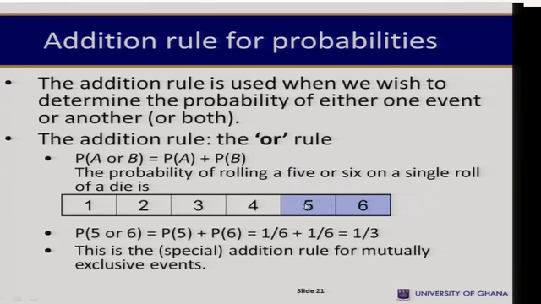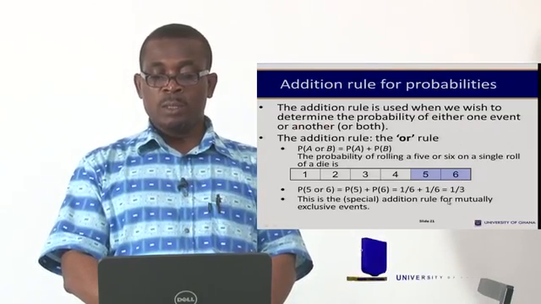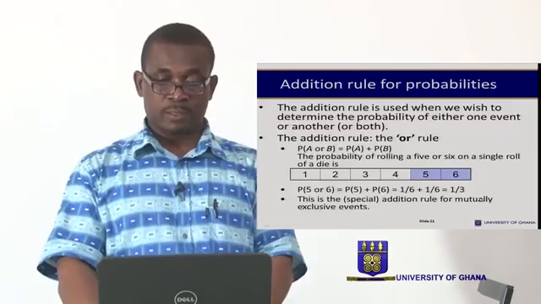So the probability of a 5 is 1 over 6. We know it through the classical approach. Probability of 6 is also 1 over 6. So the answer is 1 over 6 plus 1 over 6, which is 1 over 3. And we are saying that this rule is applied to only mutually exclusive events.